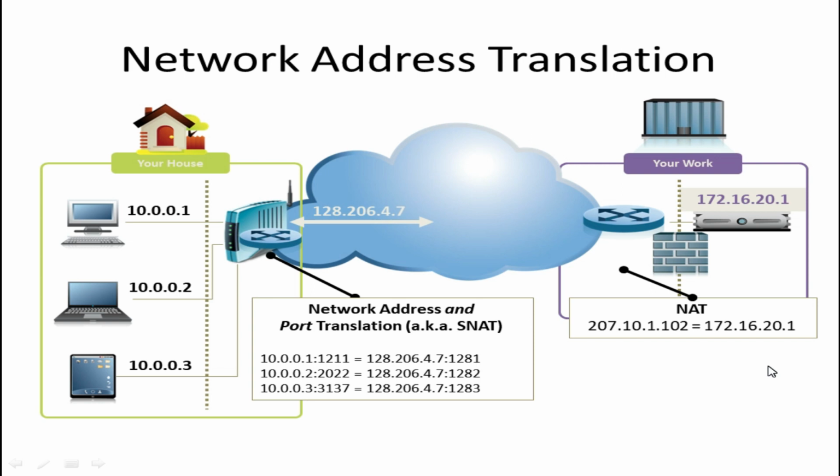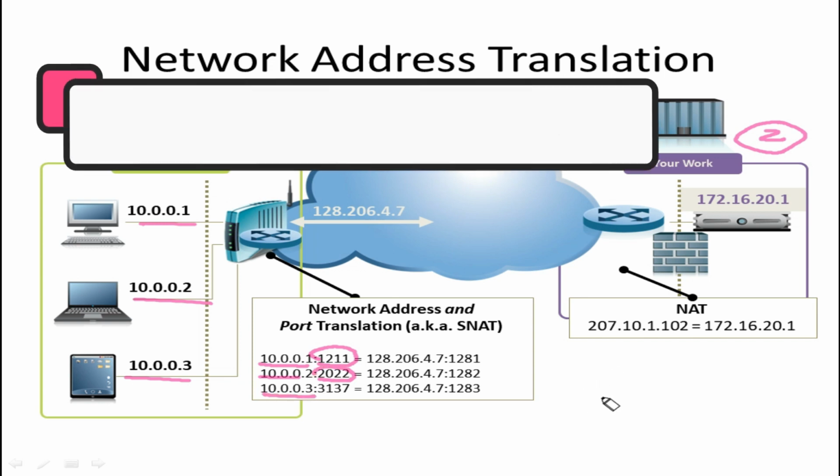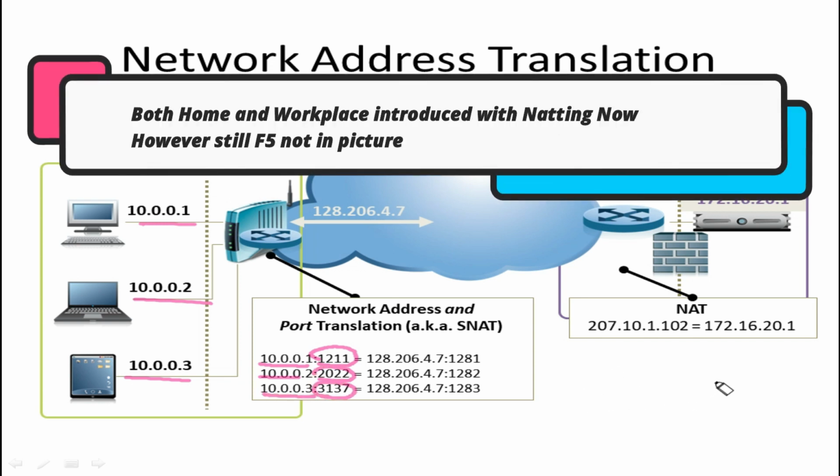So here you can see, if you just check over here in our work environment, our IPs are 10.0.0.1, 10.0.0.2 and 10.0.0.3. 10.0.0.1 is coming up with some source port, 10.0.0.2 is having another source port, and 10.0.0.3 is having another source port.